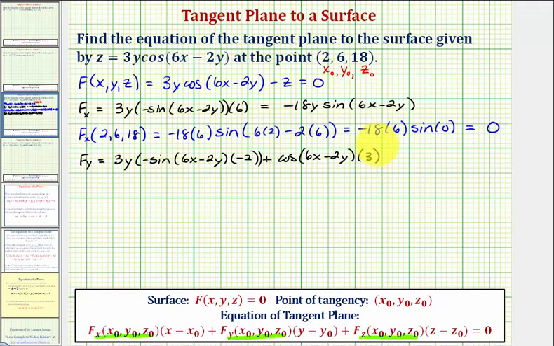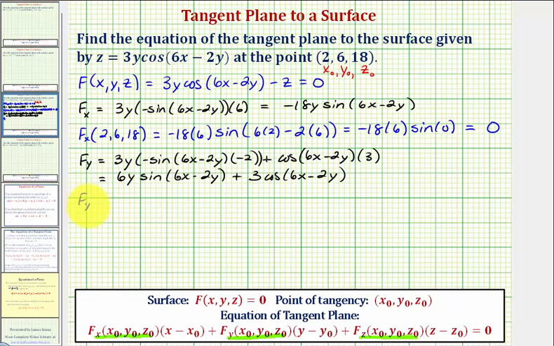So let's go ahead and simplify here. We'd have negative 3y times negative 2, that's 6y, sine of 6x minus 2y, and then plus 3 cosine 6x minus 2y. Now we want to evaluate this at the point of tangency.